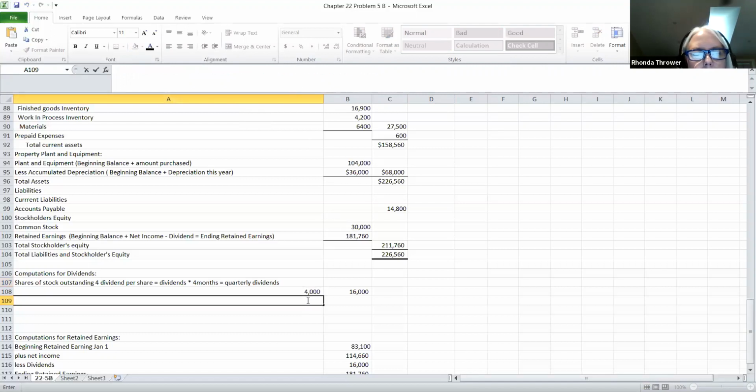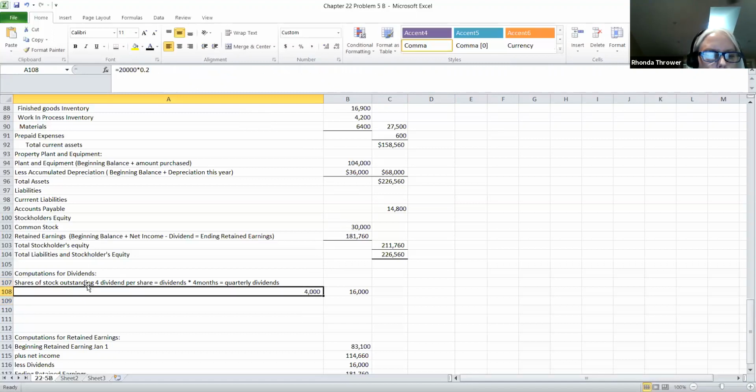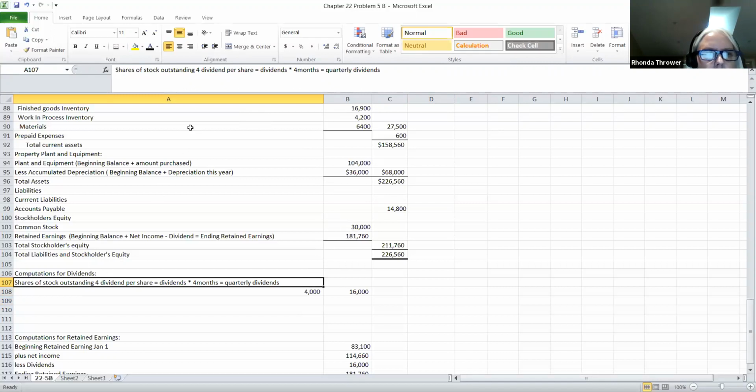And the shares of stock outstanding times the dividends per share. Again, let me change that to where that has an asterisk there, typo error there. All right, so the shares of stock outstanding times the dividends per share will give you the dividends.